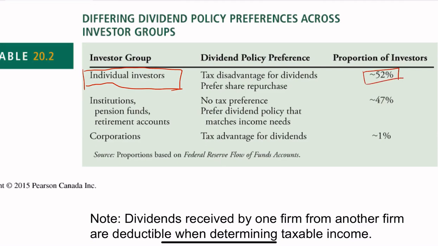Then the second type of investors are institutions, pension funds, and retirement accounts. These accounts are generally tax free. So in this case, there is no tax preference from this type of investors. And generally this type of investors will prefer some cash income. So in this case, they will actually prefer dividends.